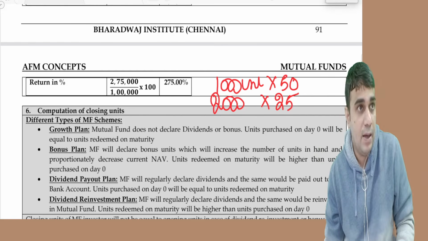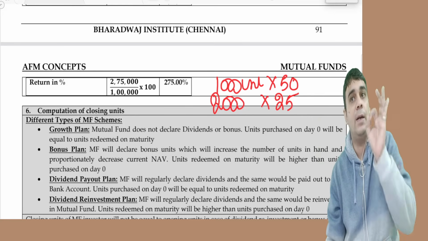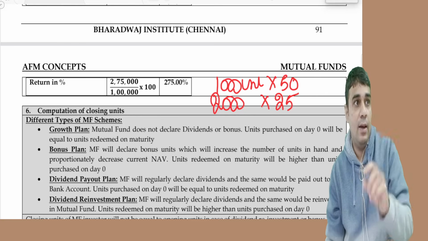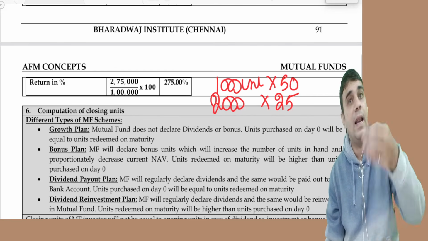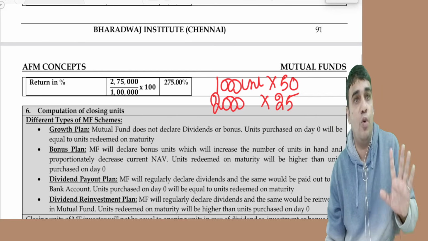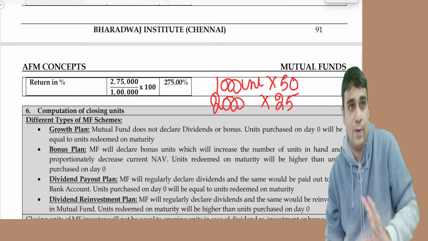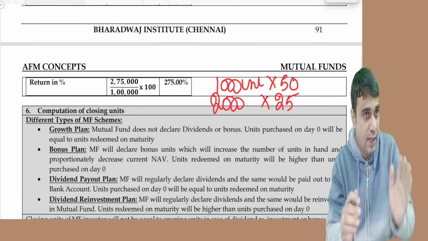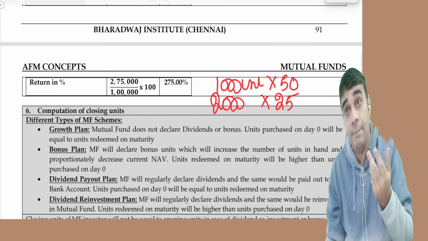The purpose of a bonus plan is to reduce the NAV so that it becomes accessible to all people. That is good in a share. Many people are saying MRF should declare a bonus, declare a split. They are saying we will not do it because we are not interested in people who are not serious investors. Because if 1 lakh rupee is there, you will invest in MRF only if you are serious about the company. Otherwise, people will not invest in MRF share.